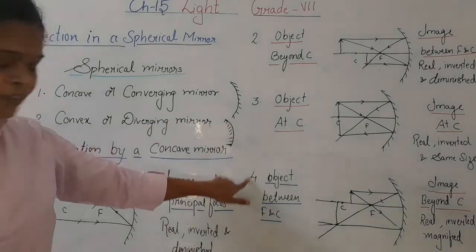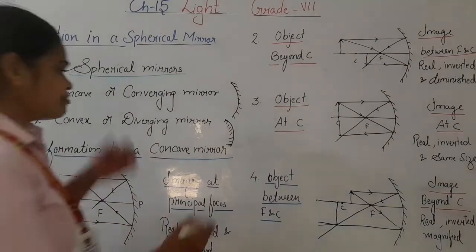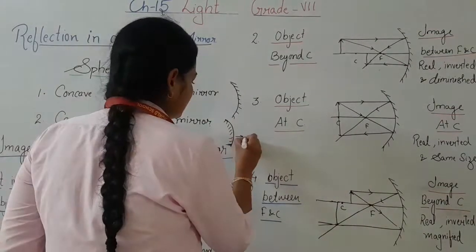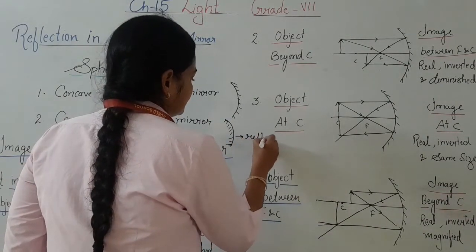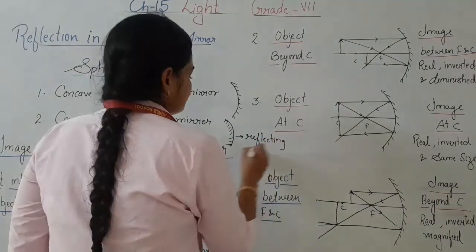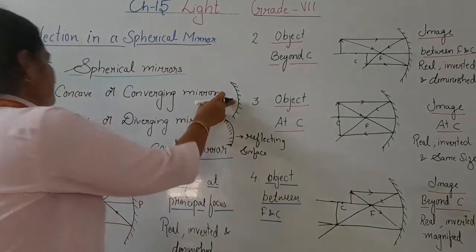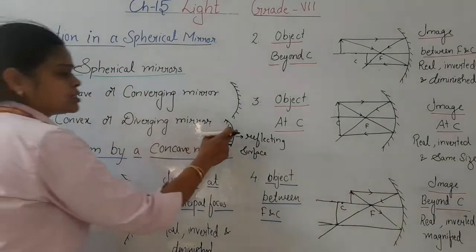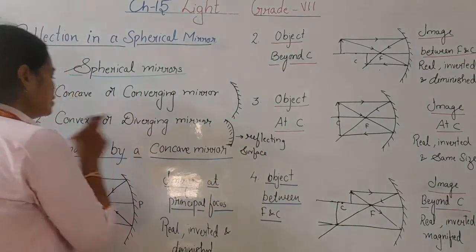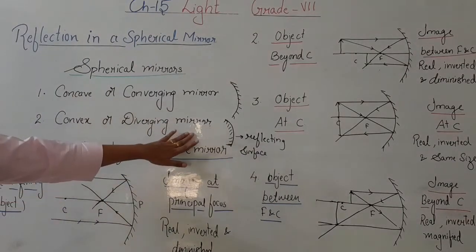The outer side is the reflecting surface. This is the reflecting surface of the concave mirror, and this outside is the reflecting surface for the convex mirrors. They are also called diverging mirrors.